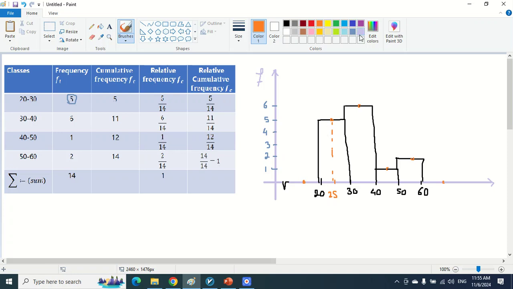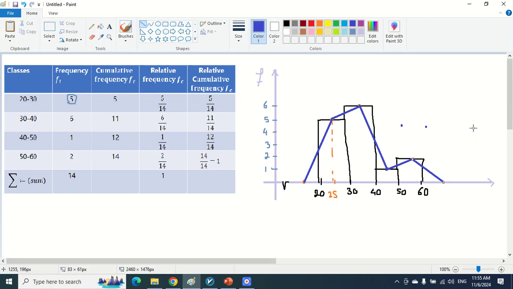So based on this, I connect these points together to sketch the polygon as well. So I sketch this line, I connect these 2 points as well, and the remaining ones over here. So I just sketch them like this. Right now I have a polygon as well.